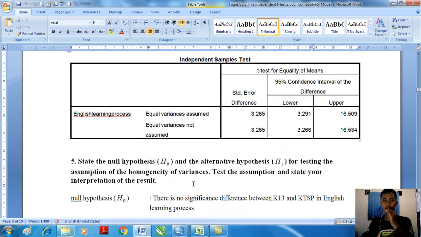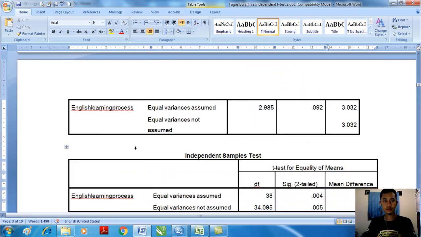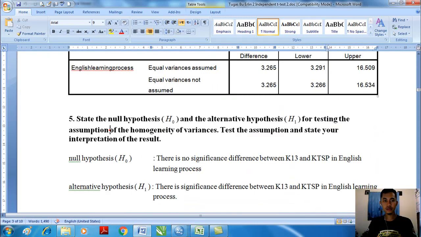Okay, now come to the next question. This one, question number 5. State the null hypothesis and the alternative hypothesis for testing the assumption of homogeneity of variance. Test the assumption and state your interpretation.